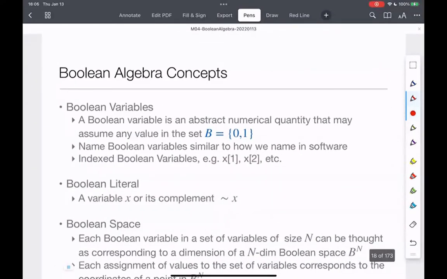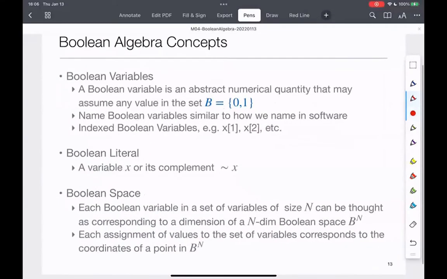Okay, and then comes the notion of what's a Boolean space. So just like, going back to algebra, we think of the space of real numbers, the space of integers and things like that. So likewise, we think of it in terms of a space of Boolean variables. So if I have a set of n Boolean variables, then you can think of each Boolean variable as kind of representing a dimension of an n-dimensional space.